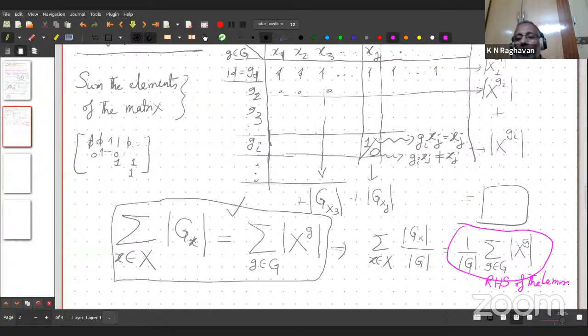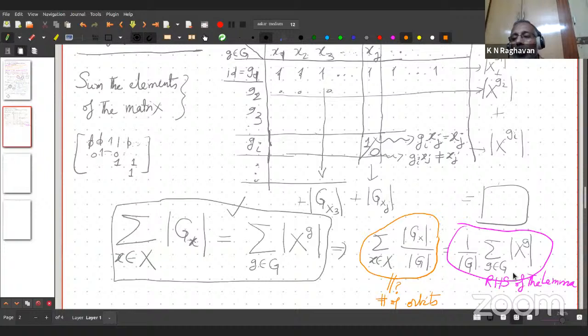What is the left-hand side of the lemma? What should this be in the lemma? So the question is, is this equal to the number of orbits? If I can show that it is the number of orbits, the lemma is proved, because I'll get the number of orbits equal to the right-hand side, what the lemma claimed.